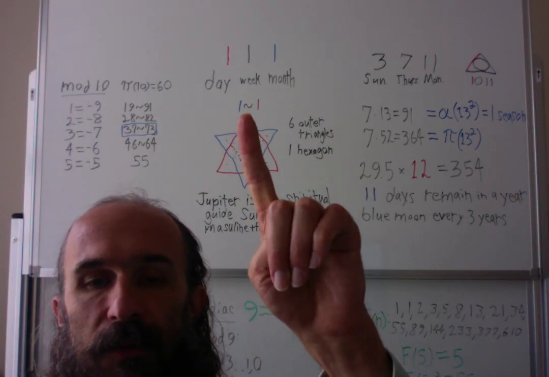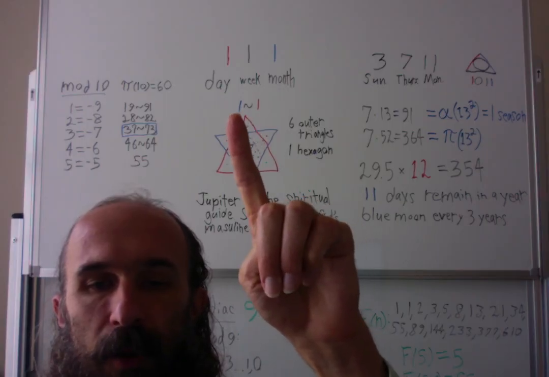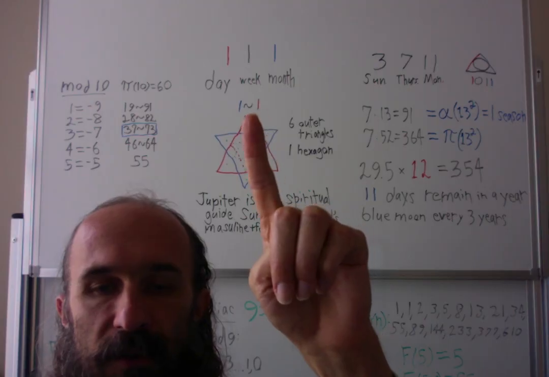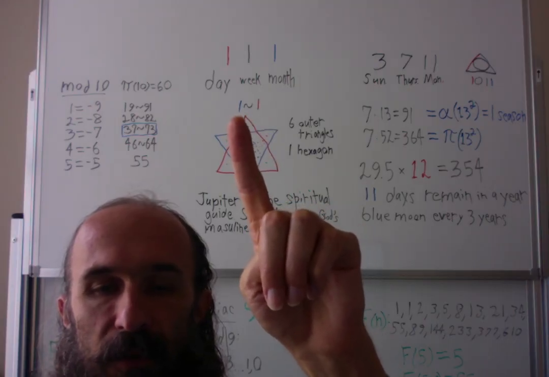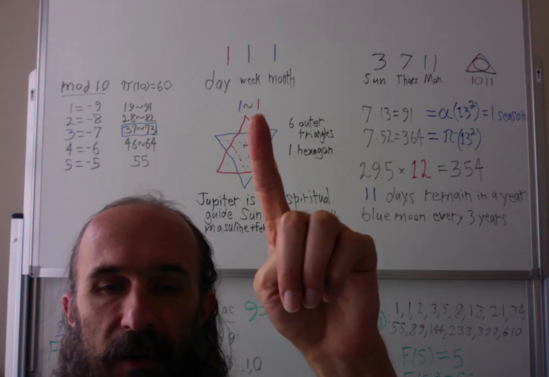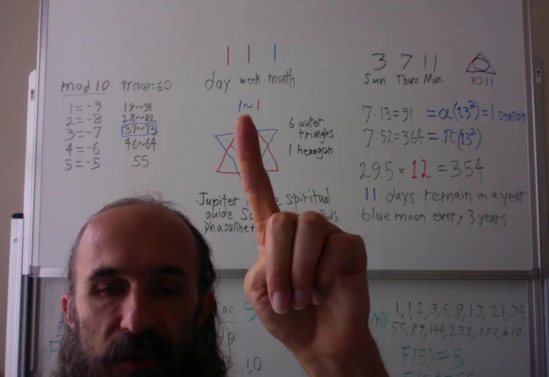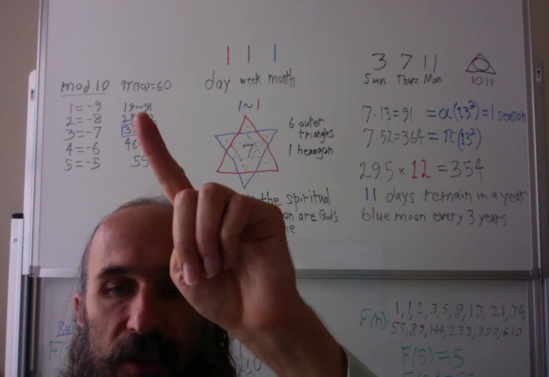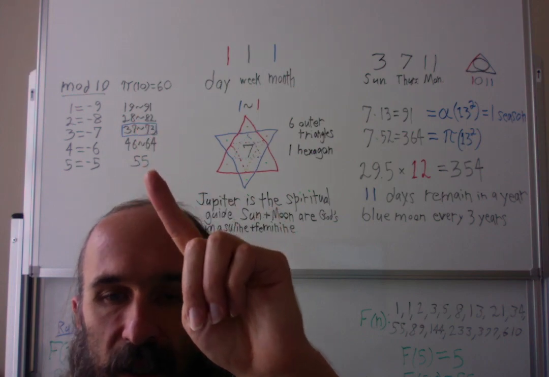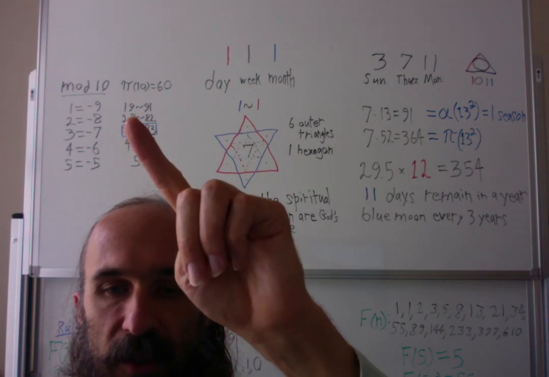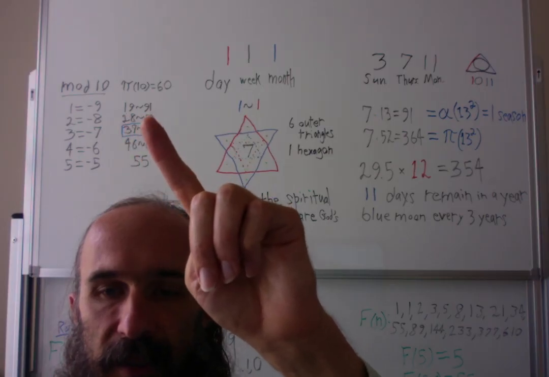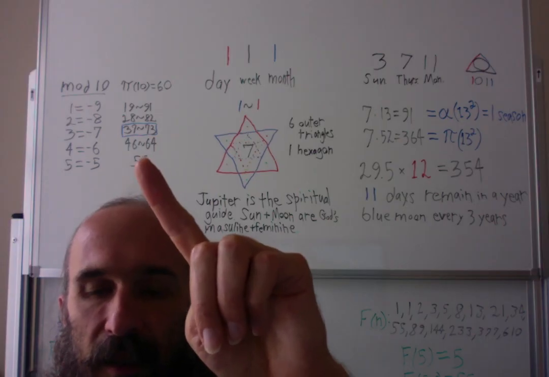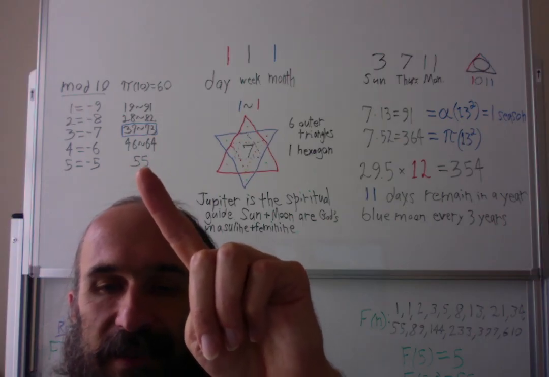I use this symbol here informally. What I'm saying is that this one stands for the sun and this one stands for the moon, and that they are complementary, they are symmetric. And I use that symbol over here looking at these symmetric numbers, 19 and 91, 28 and 82, and culminating in 55.